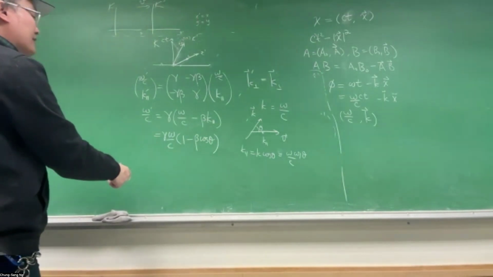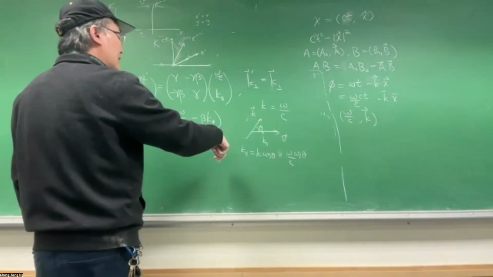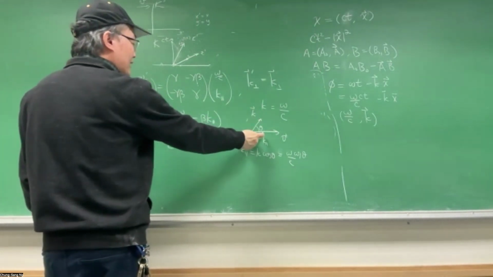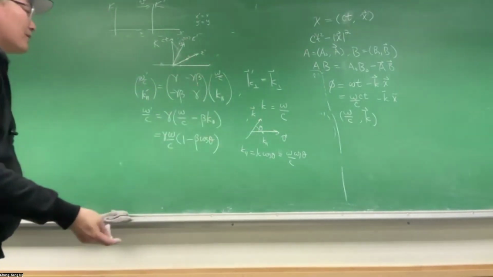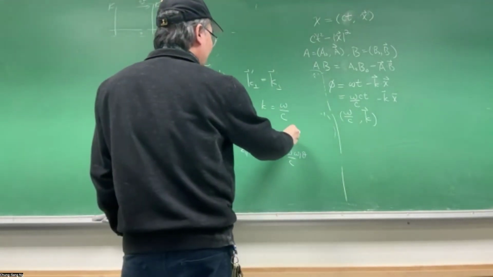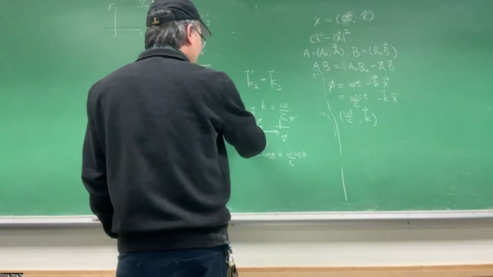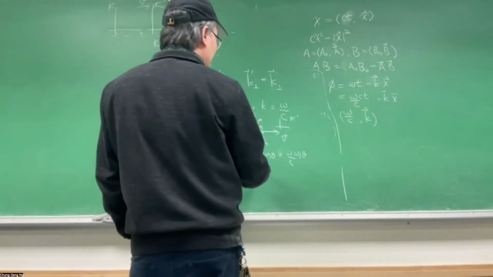So obviously, the extreme cases are whether theta is 0 or pi. Theta is 0, it means it's propagating towards the K prime frame. So this velocity is K prime moving relative to K. Right?